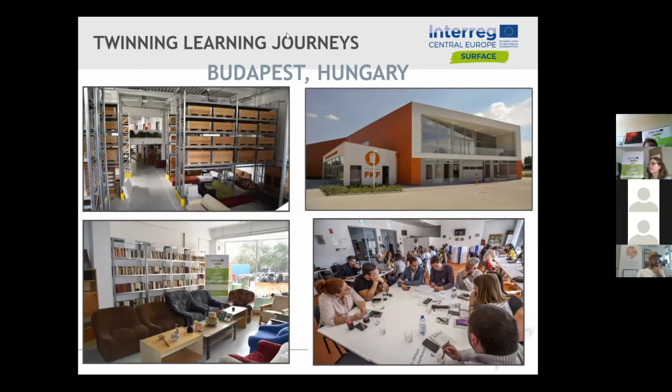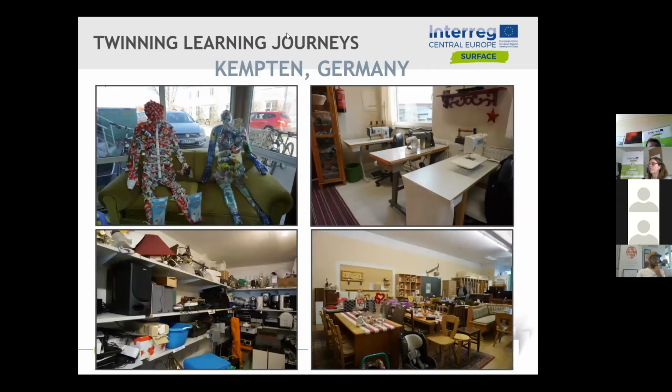Then in December, we visited the thriving smart reuse park in Kempten. All those materials which I am showing you at the moment, you can probably find online, because all the parks were presented at Tuesday's meeting.